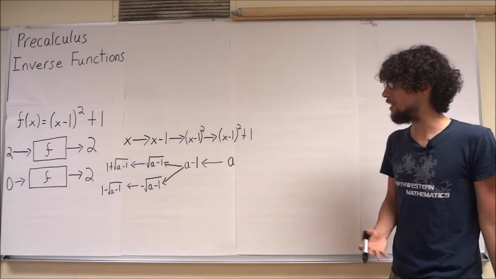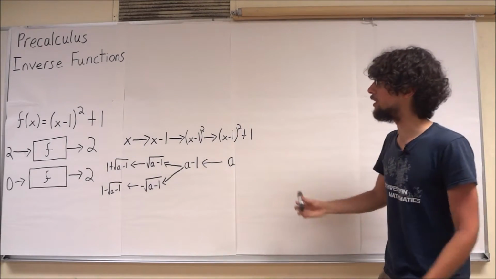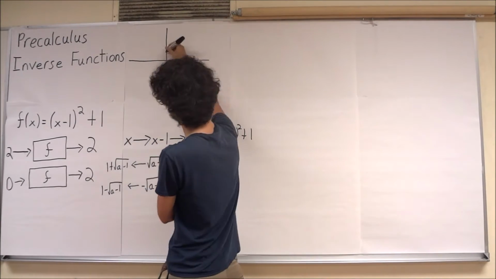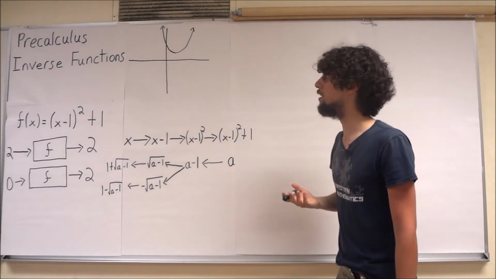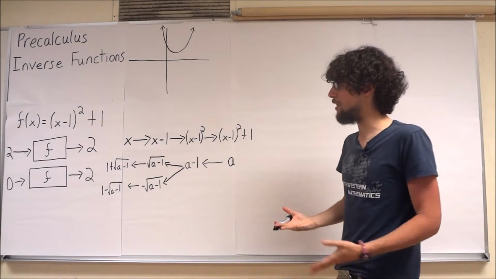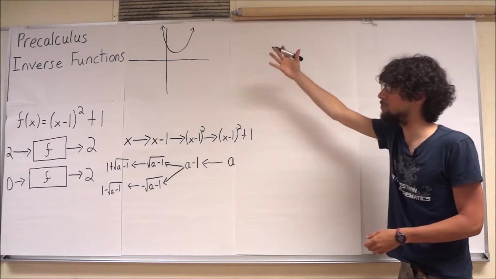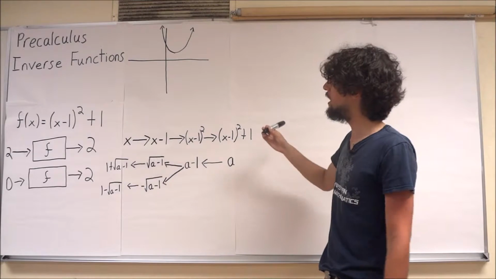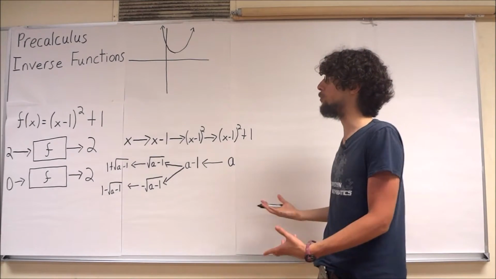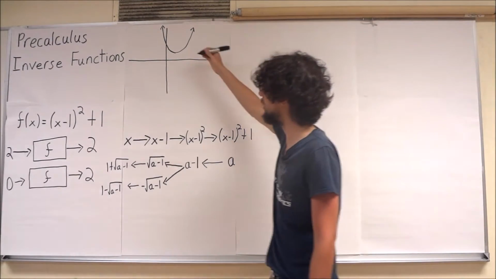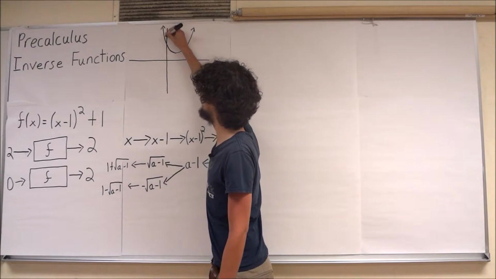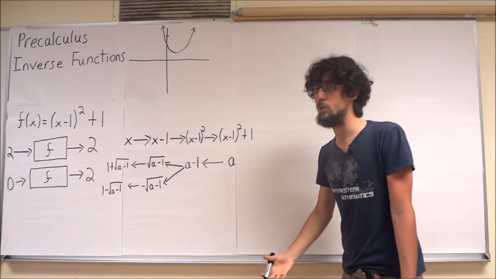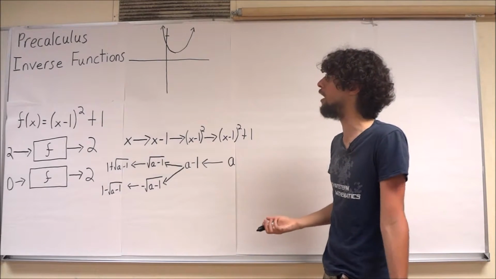We could also see this idea visually. If I look at the graph of this function, it looks something like this. How do I think of this inverse function in this picture? Well, what I'm thinking is if I choose some output, in other words, I say, look at this particular y value, and I ask, what x value is associated with this y value?